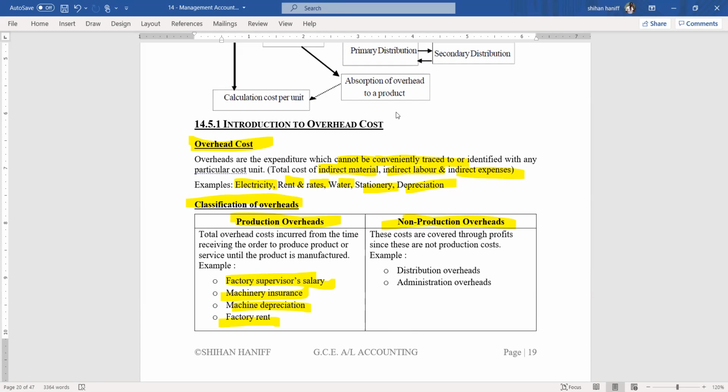Non-production overheads are administration and distribution overheads, which we take under profit and loss account, P&L. Right? Production overheads we take under manufacturing account. So that's how we classify the overheads.